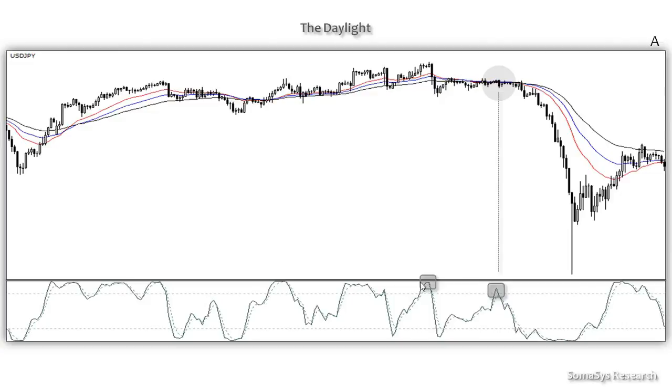So this is a preceding overbought condition here, and between these two overbought areas we have this oversold area in between. Next we will mark the corresponding overbought point on price around the swing high. So it's going to be this area. So now we have this swing high over here and this point here.